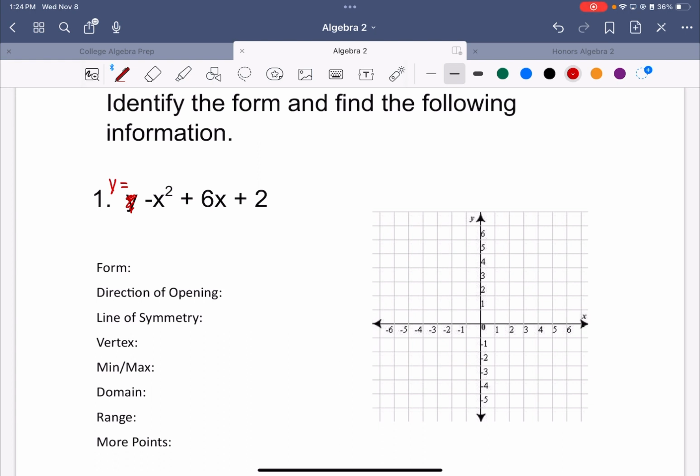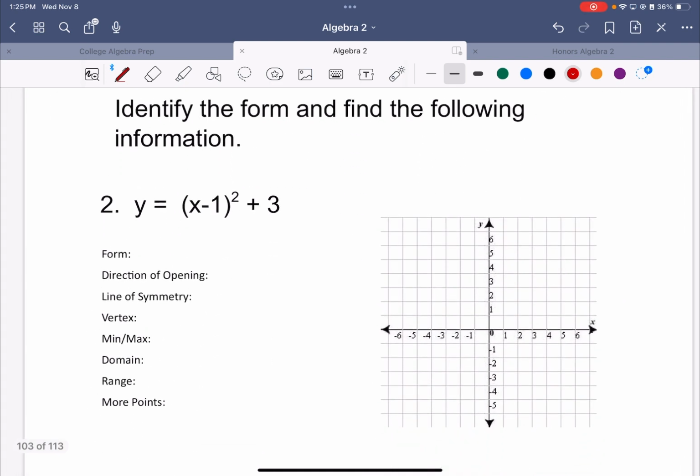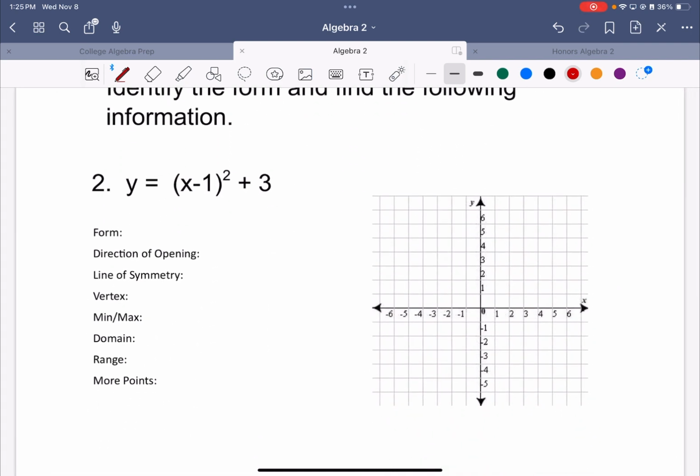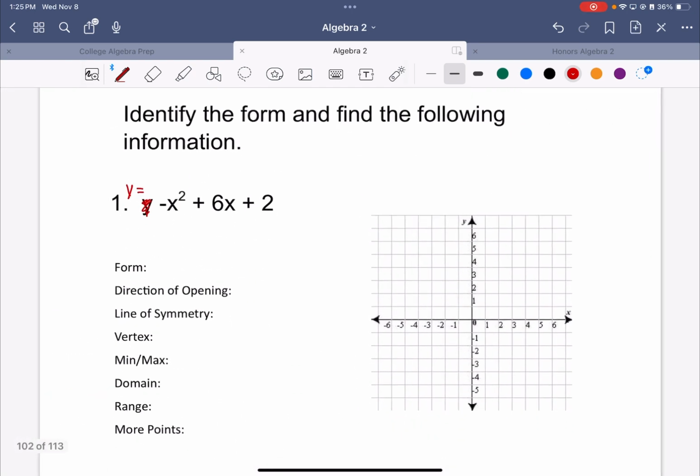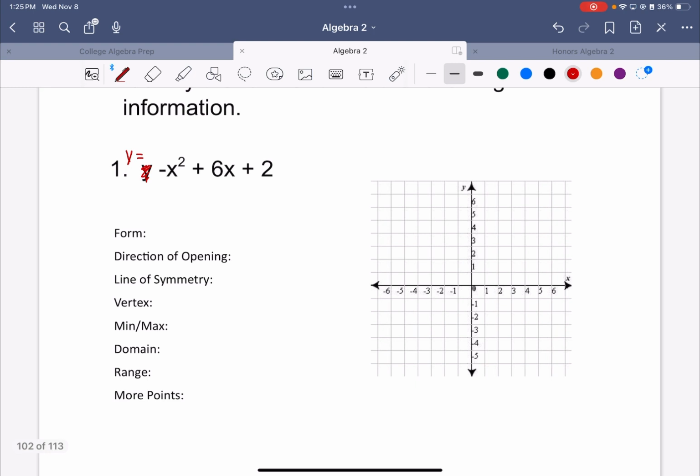So what form is it? Is it in standard form or is it in vertex form? Can you easily find the vertex from that one or not without using a formula? Which one's easier to find the vertex? This one. So that's vertex form, so that makes this standard form.